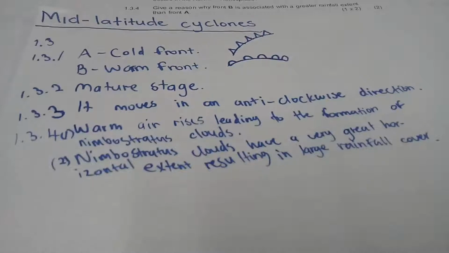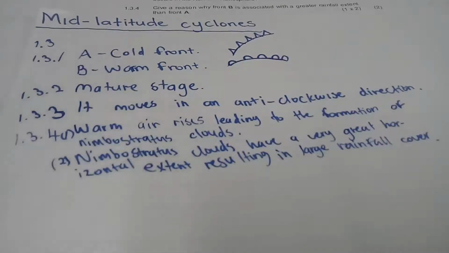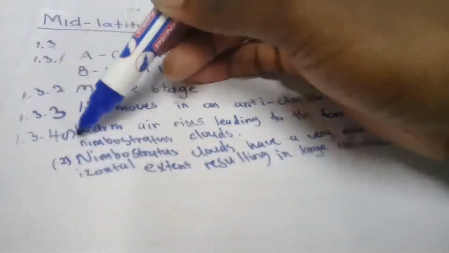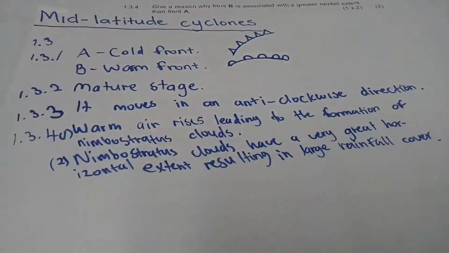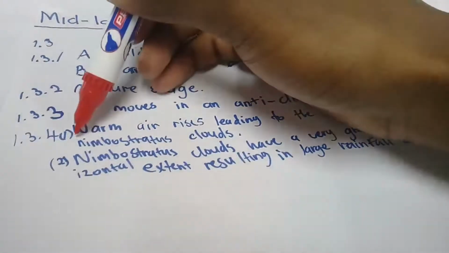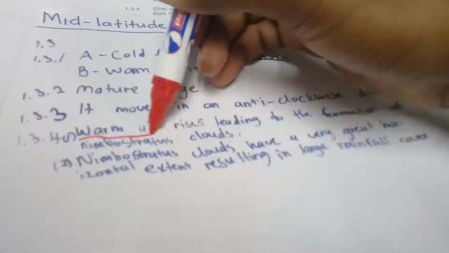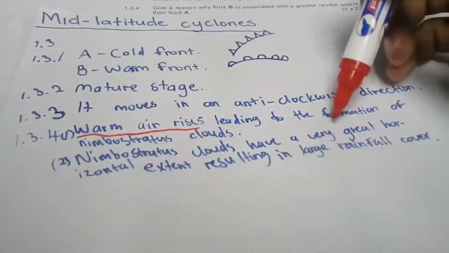Okay, so let me explain further. Give a reason why front B, the warm front, is said to result in greater rainfall extent. The very first reason I said is that warm air rises, and that's a mark. The warm air rises, leading to the formation of nimbostratus clouds.